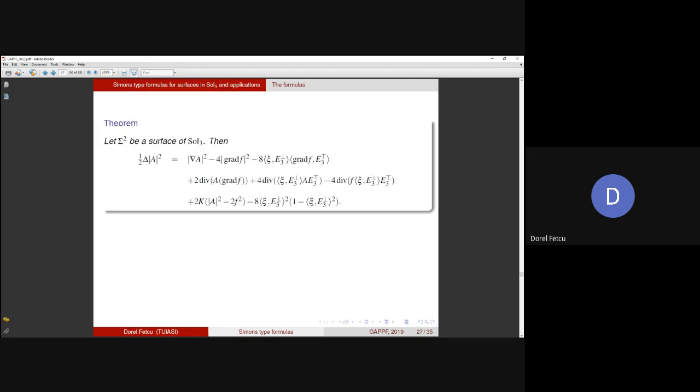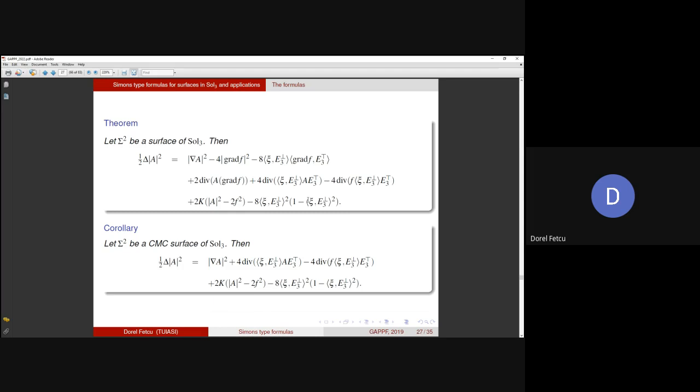Plugging them into the general Simon's formula, we obtain a shorter one, this one, which is quite nice when the surface is also assumed to be CMC. Up until now, all the formulas are valid for any surface in Sol. Now we assume that the surface is CMC, has constant mean curvature, and we obtain this formula.